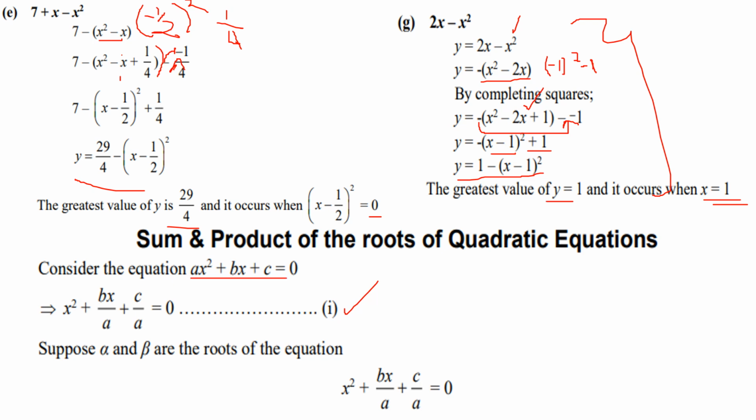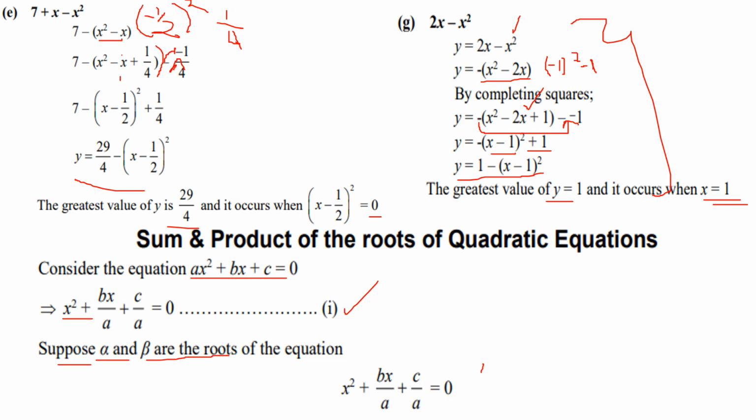So whenever you're given a quadratic in this form, the first step is to divide and to make the coefficient of x squared to be positive 1. That means that you're going to divide through by its coefficient. So doing that, you're going to remain with x squared plus b over a x plus c over a being equal to 0.